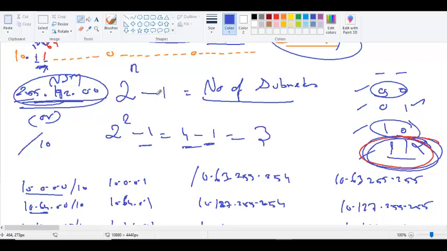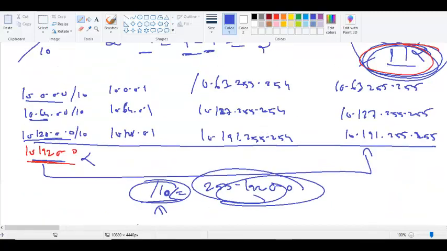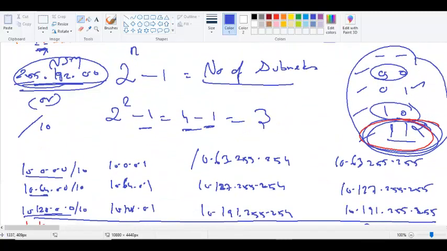Now the 2 bits I have written like this for your understanding. The 2 bits have 4 different possibilities, but we should not use the all-ones combination from the borrowed bits. If all the borrowed bits are 1, you should not use it.